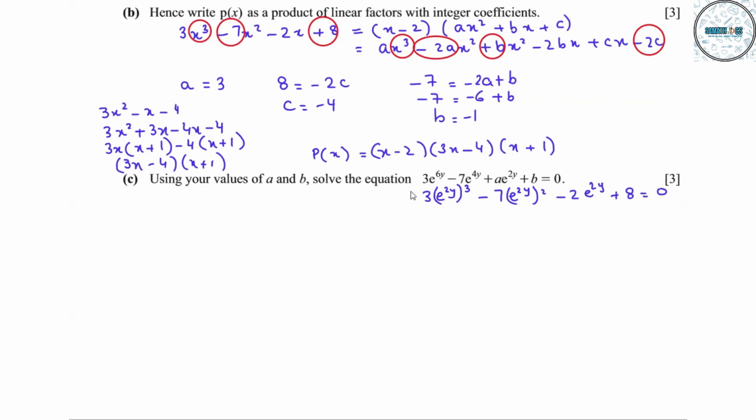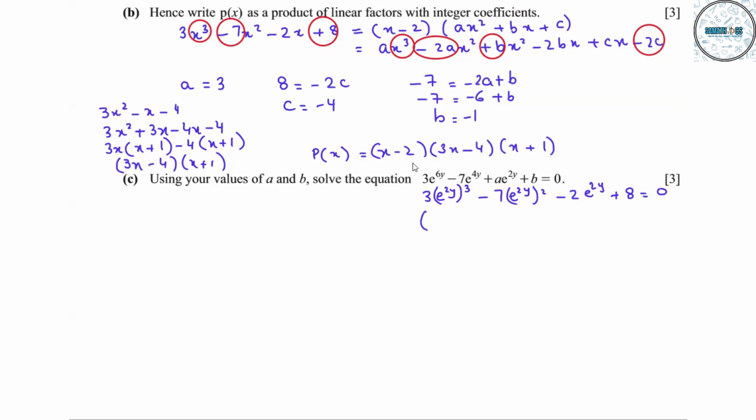If we compare this expression with this, it is the same, 3x cubed minus 7x squared minus 2x plus 8. In place of x, we have e power 2y. So it means that the factors of this will be the same as we have taken out in the previous part.